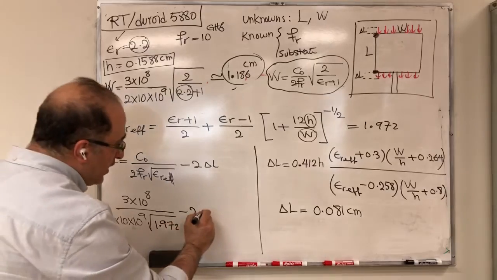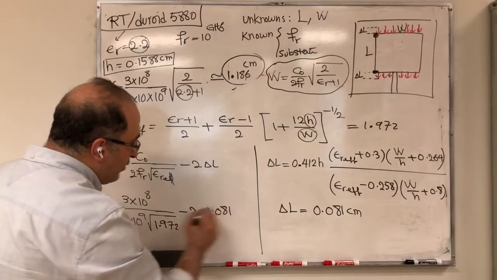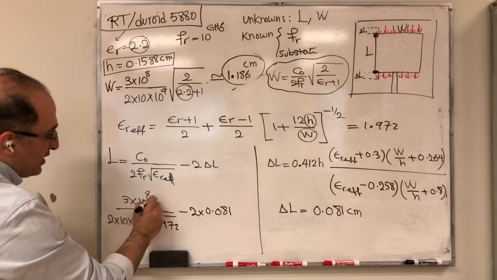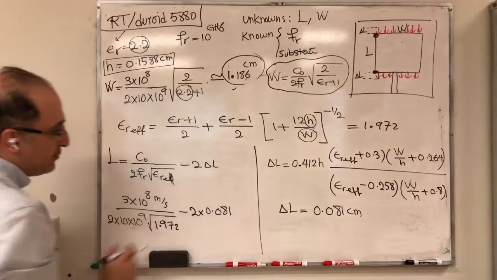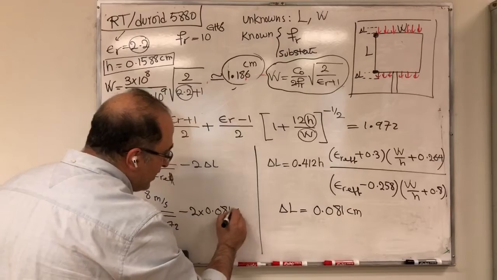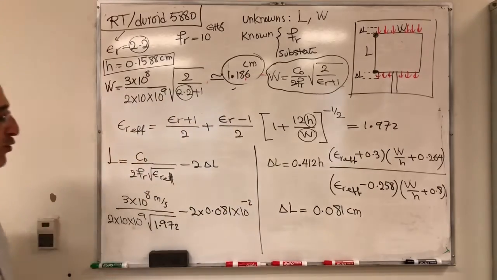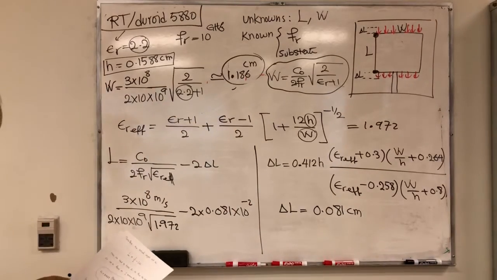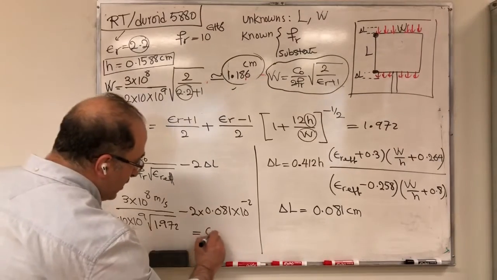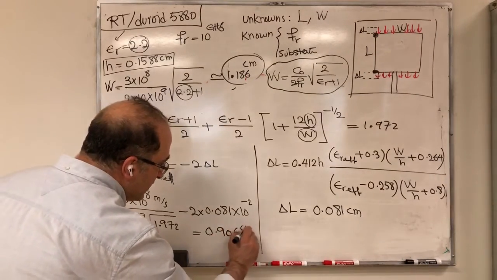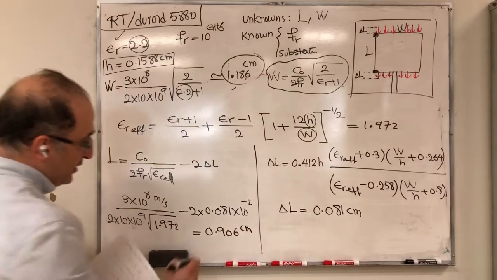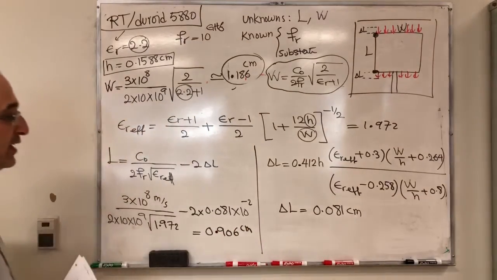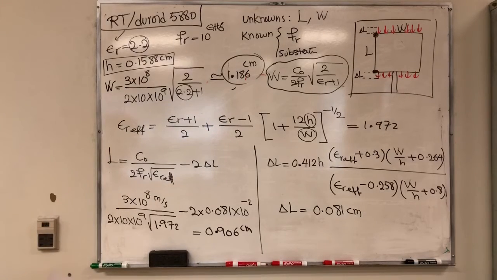It is 0.081, but this velocity is in meters per second, so I need to write this in meters too. That's right now in centimeter, so 10 to the power of minus 2 to convert it to meter. And that's going to give me 0.906 centimeter. So essentially about 9 millimeter, 0.906 centimeter. And that would be the length that I have.